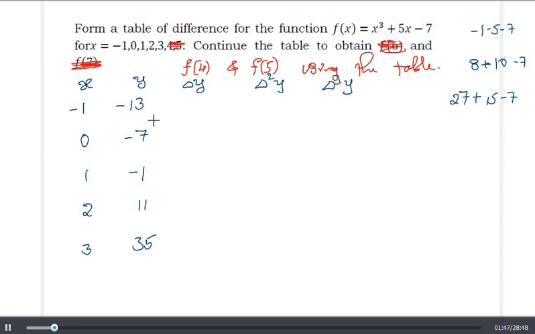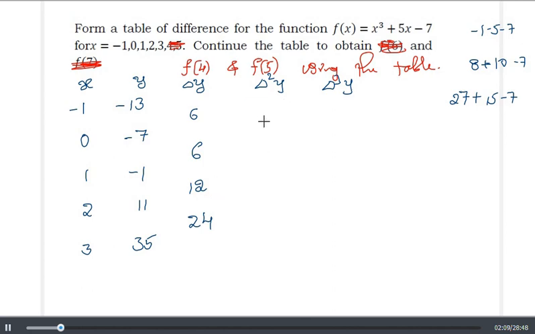So first forward differences are minus 7 plus 13, that gives you 6, and this is also 6. Wow, and this is also, sorry, this is not 6, it is going to be 12, and this is going to be 24.